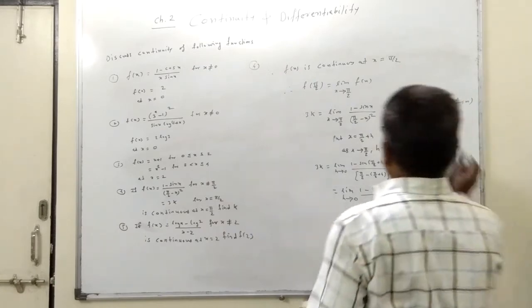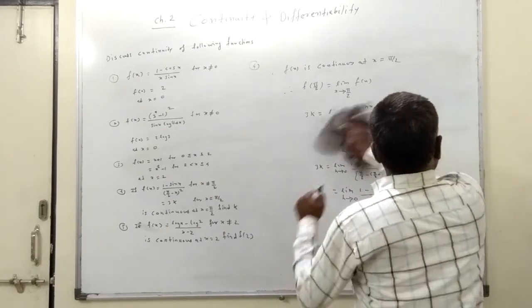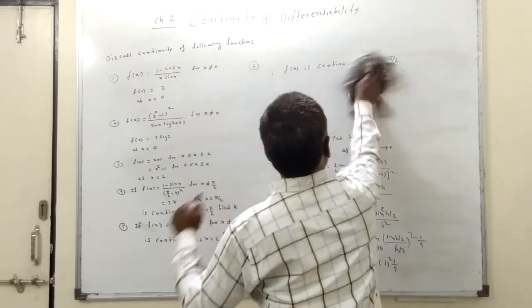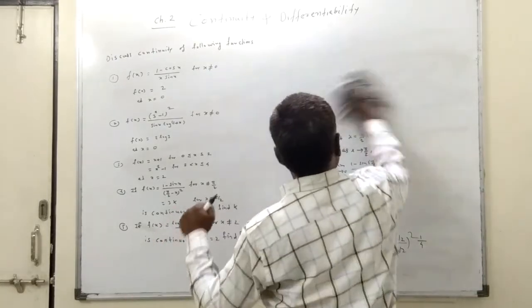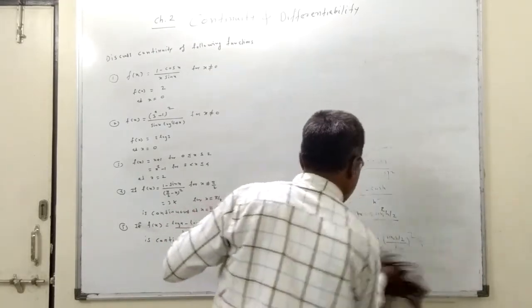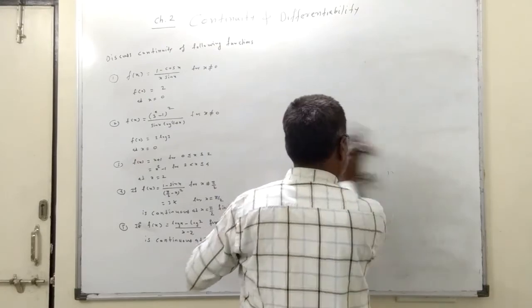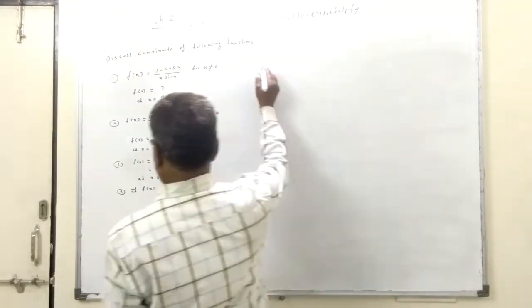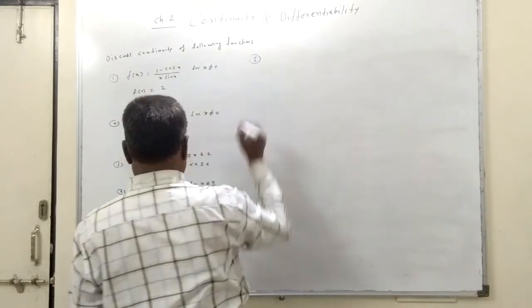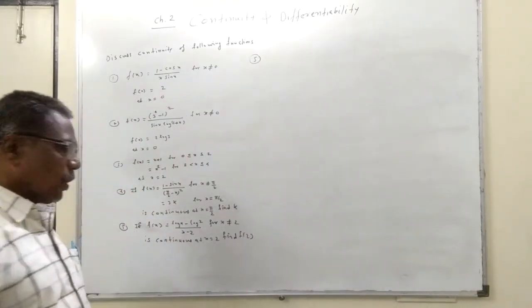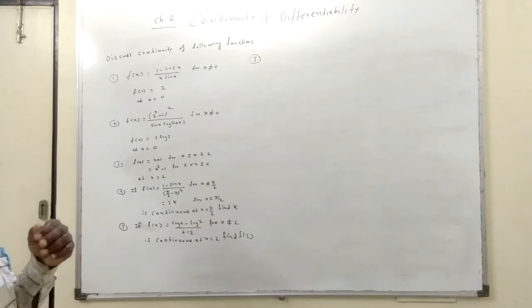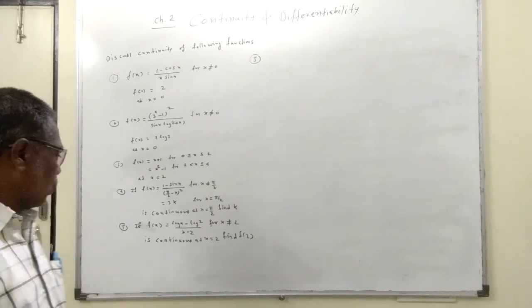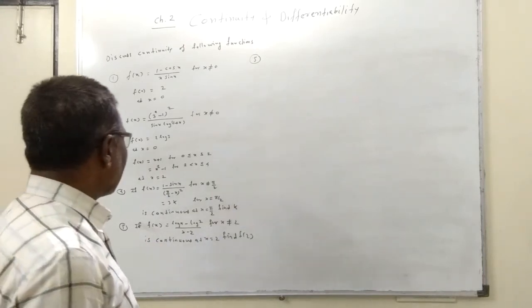Now, the fifth example, if we study. Here f of x is given as log x minus log 2 upon x minus 2 for x not equal to 2, and the function is continuous at x is equal to 2.